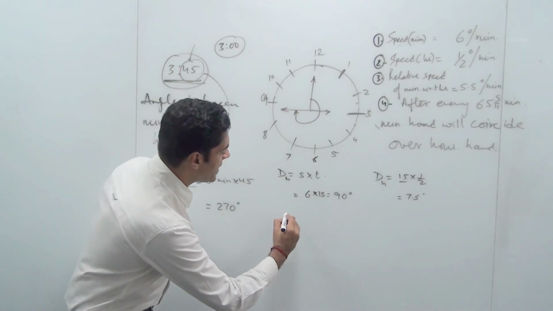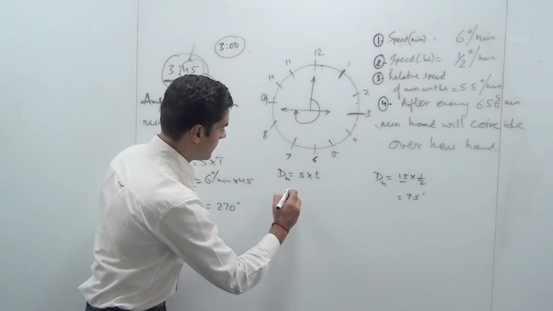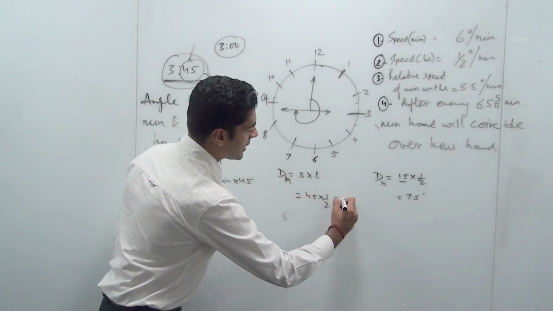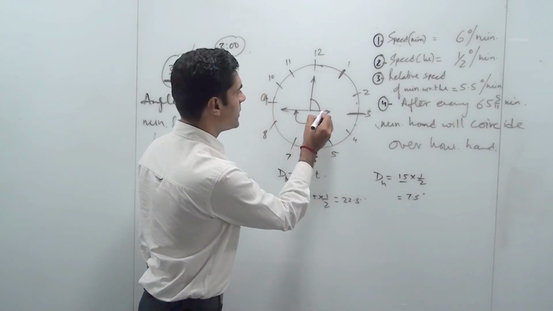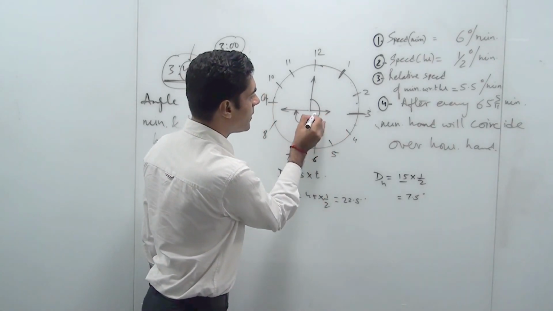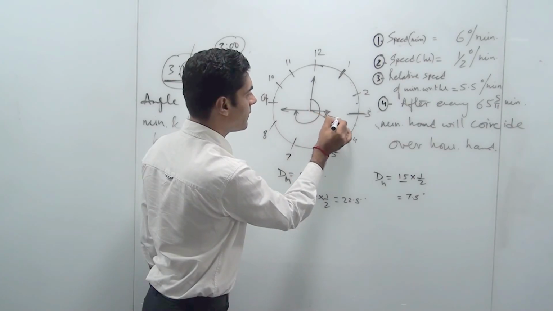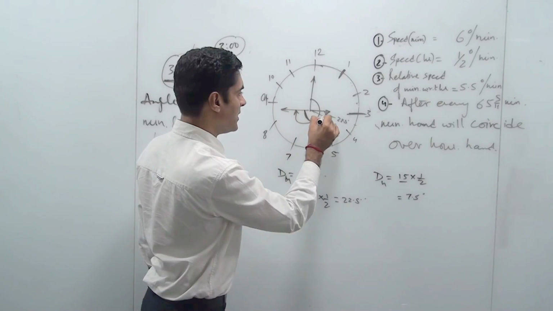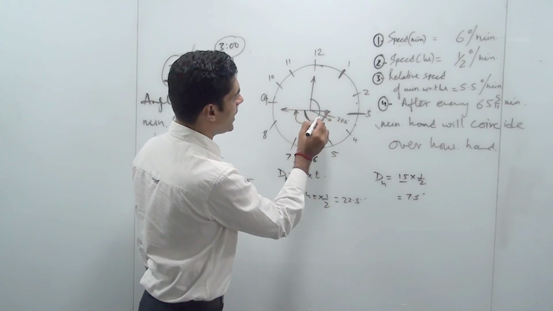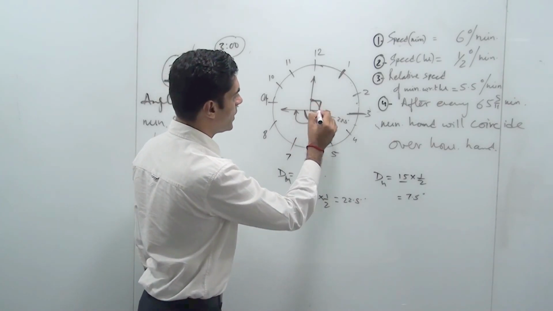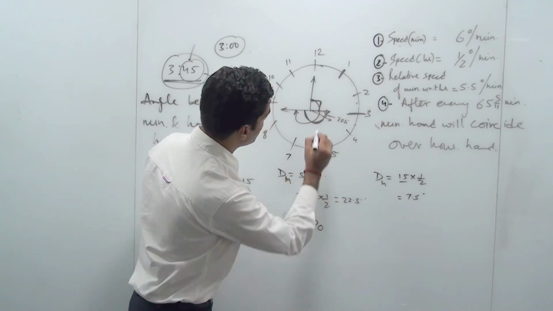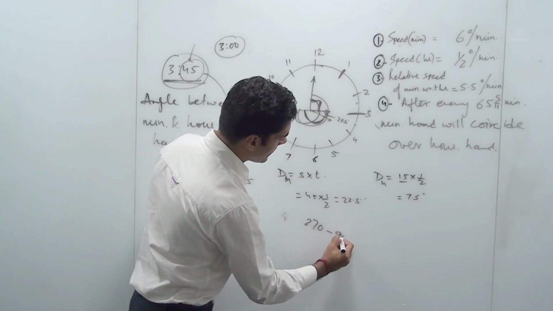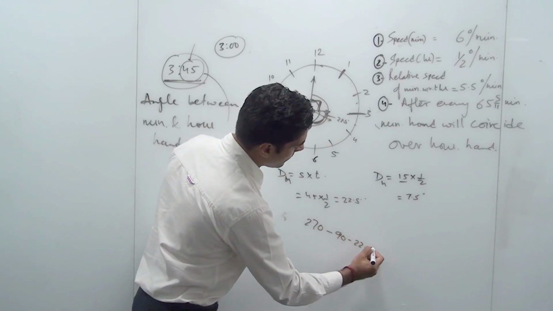Within these 45 minutes, the distance that the hour hand would have traveled would have been 45 into half, which is nothing but 22.5 degrees. So it would have traveled from here till here. This is 22.5. And what you are supposed to find is this new effective distance, which is going to be 270, this entire thing, minus 90, minus 22.5.